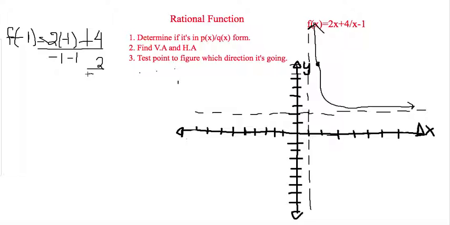I mean -2. So that's just -1. And that in coordinate form would be -1, comma -1. So here's -1 and -1.